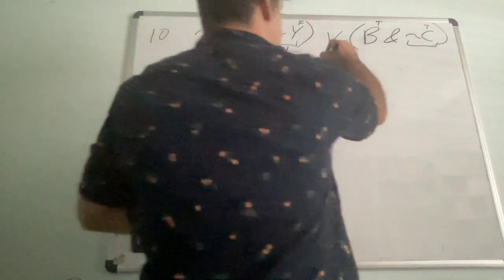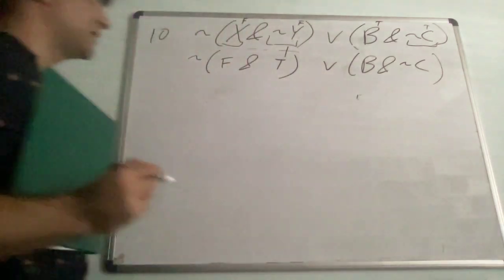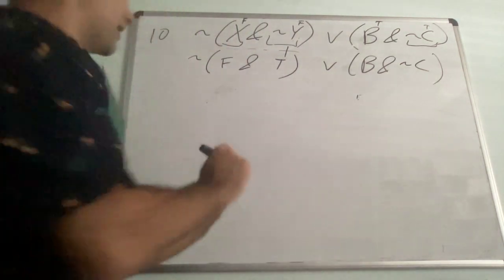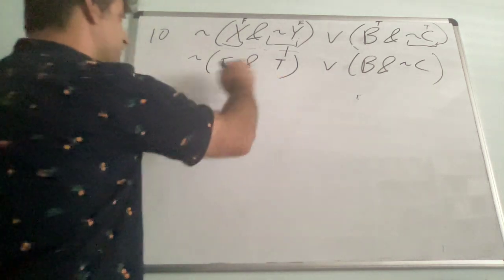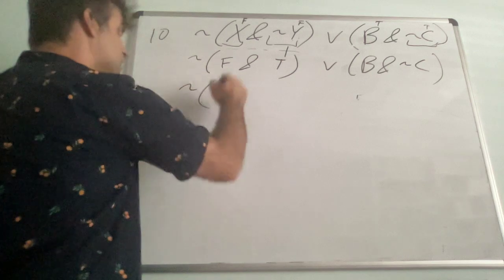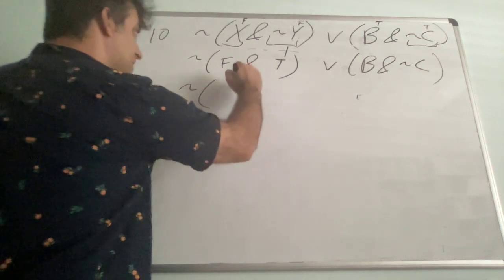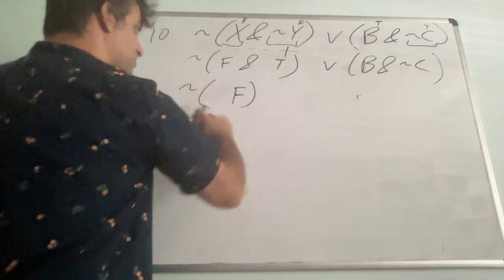I'm just going to leave the rest the same so that we aren't dealing with too much at one time. Now you can figure out the truth value of this parentheses. You have not, false and true. False and true is false. One of these statements is false, so the whole statement is false.